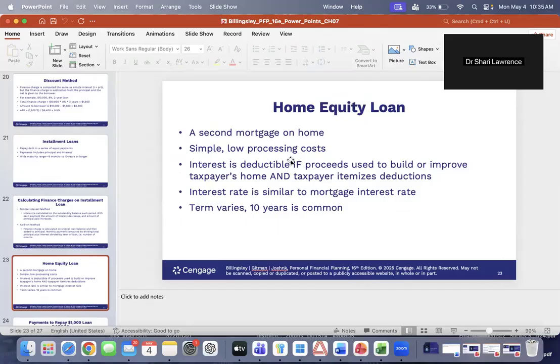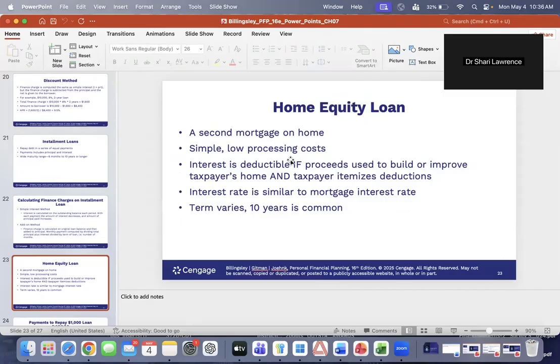Well, the total loans or mortgages against your house cannot be more than 80% of the value.